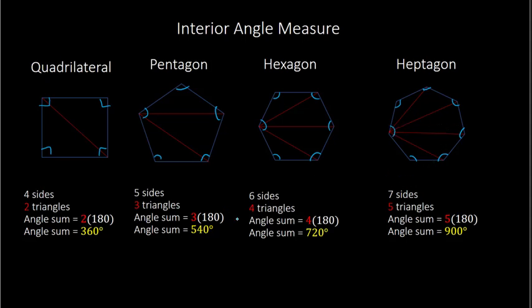So notice the pattern. For every polygon, to find the sum of the angle measures, what I do is take the number of sides and subtract 2 to determine the number of triangles. Like 5 minus 2 is 3, 6 minus 2 is 4, 7 minus 2 is 5. Then I take that number and multiply it by 180, and that gives me the angle sum measure.